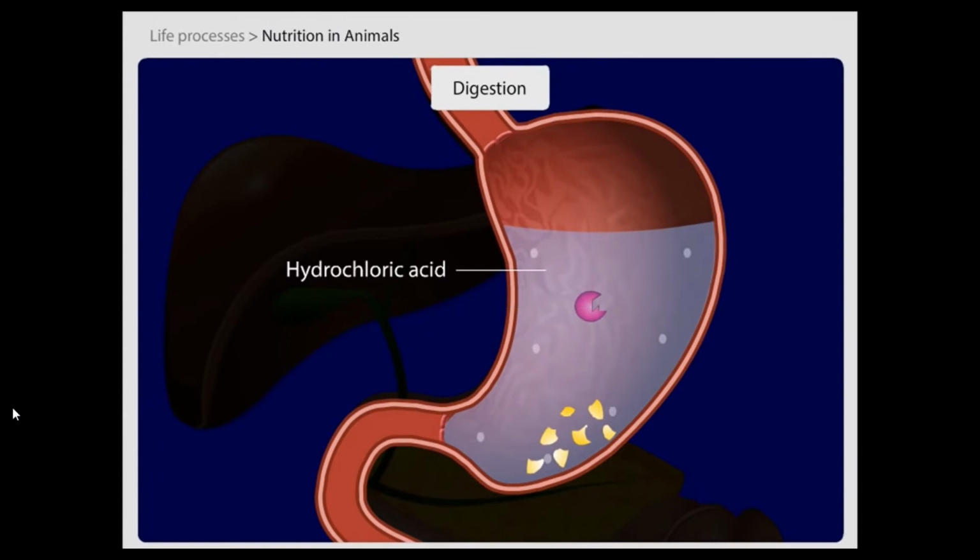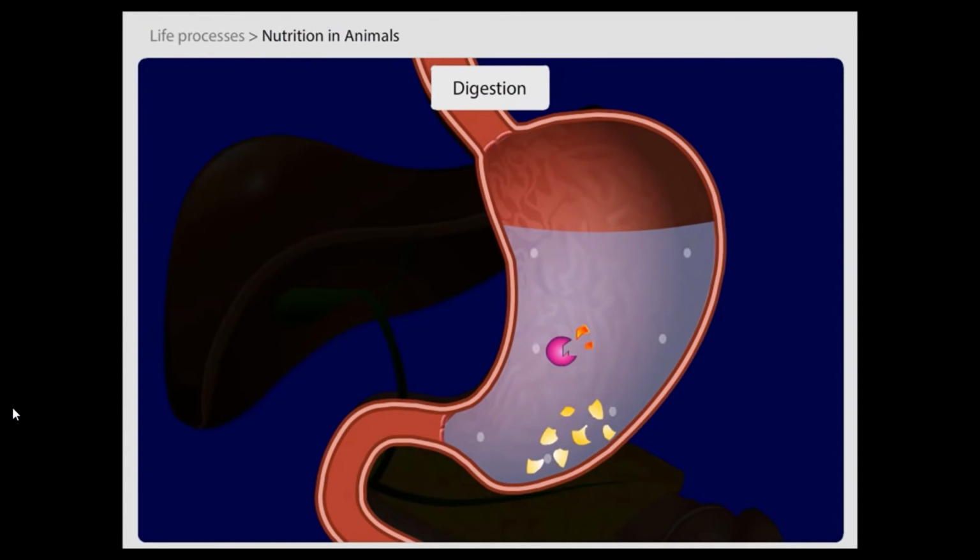Hydrochloric acid provides an acidic environment for the action of enzyme pepsin. The enzyme pepsin begins the digestion of protein present in the food to form smaller molecules. Thus, protein digestion begins in the stomach.